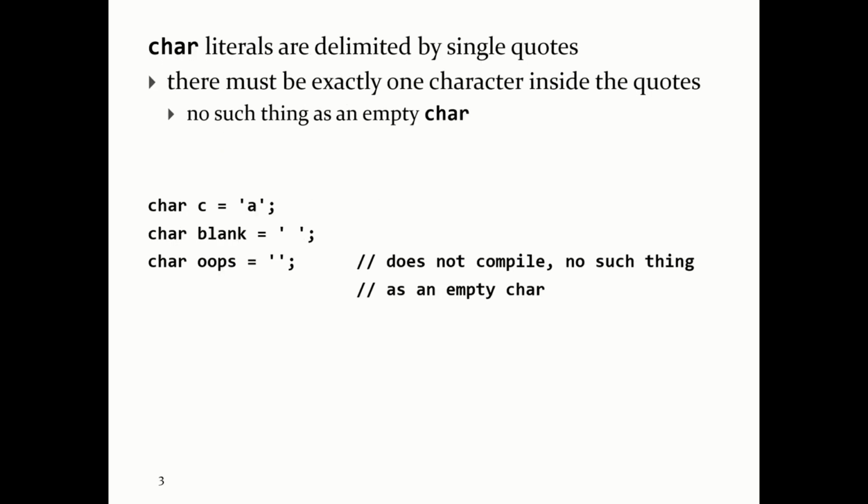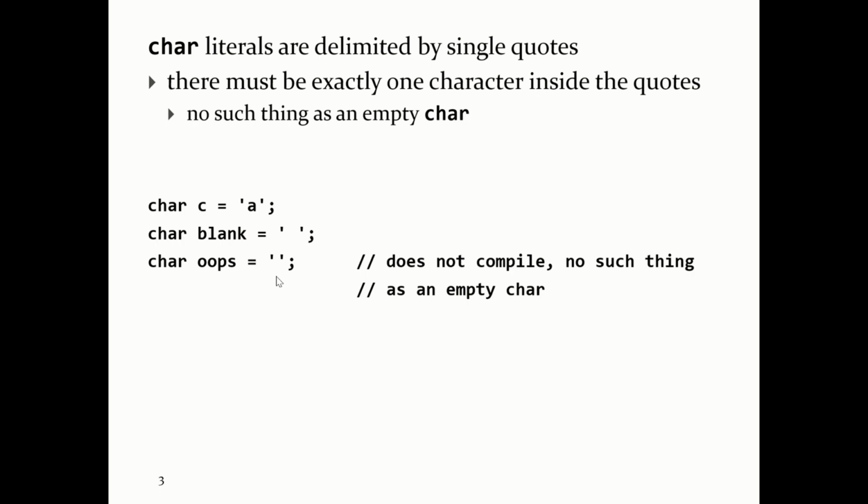Okay, so the individual chars. The individual characters of the string are just chars. A char literal is a character that you can write down. Just like in C, you write a char literal inside of single quotes. You can write the space as a char literal. There's no such thing as the empty char literal, so you can't write single quote, single quote.